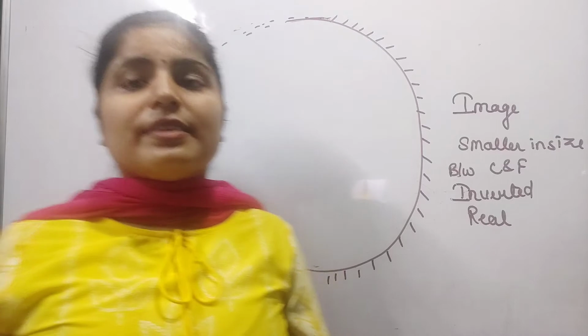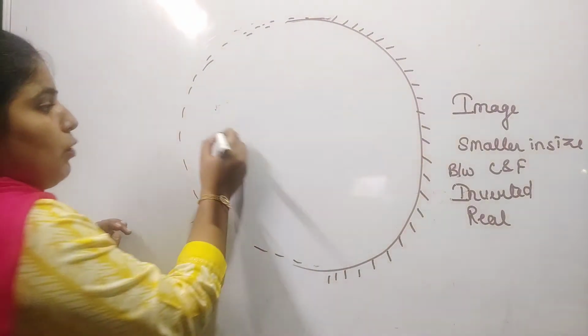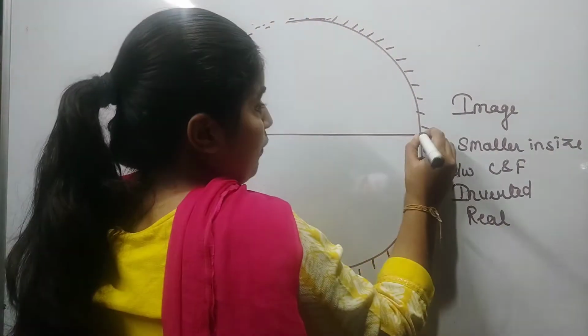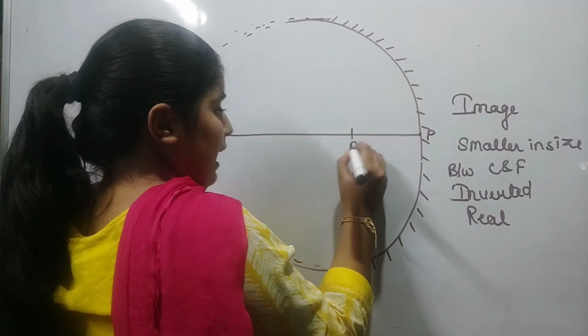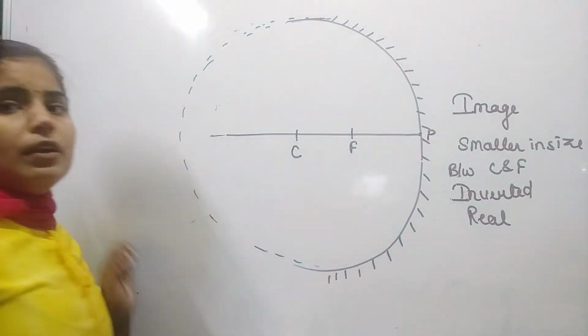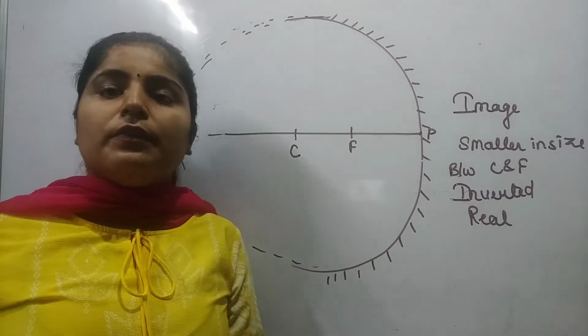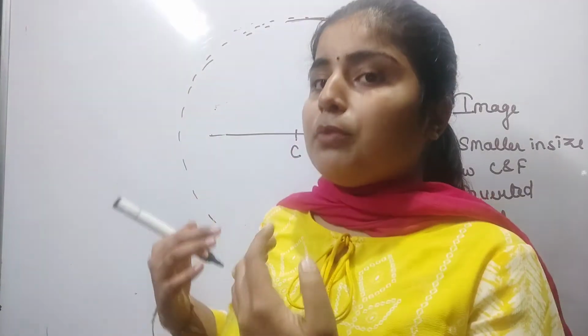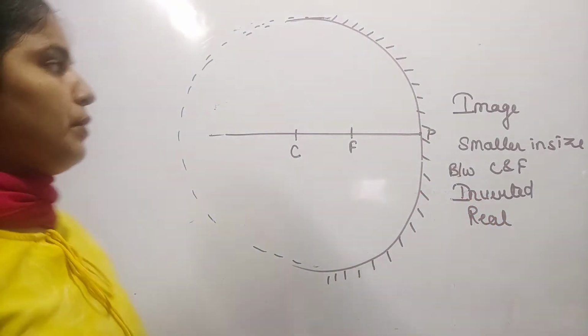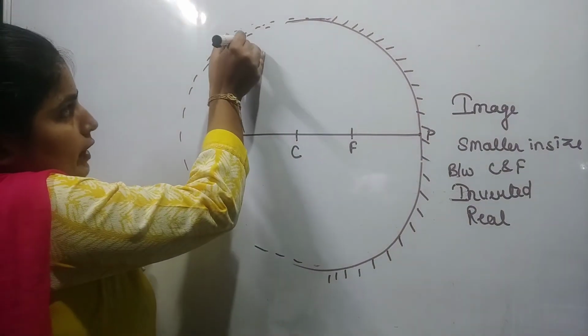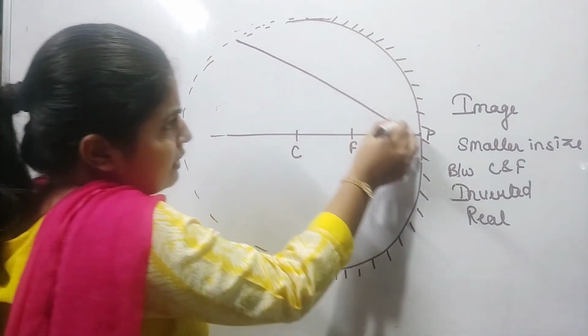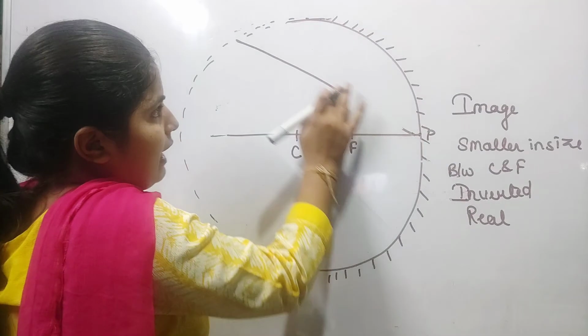Now I am going to discuss the image formation by the concave mirror when the object is placed at infinity. If the object is placed at infinity, the rays coming from infinity are parallel to each other. Suppose the first ray is incident at the pole.